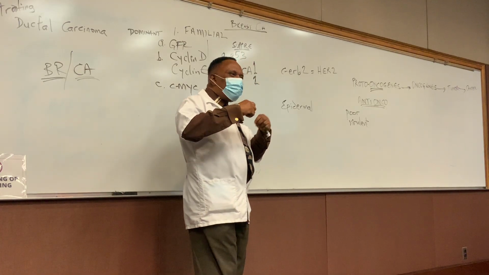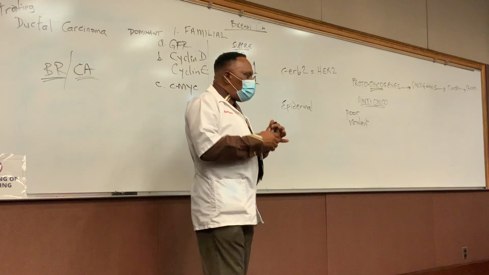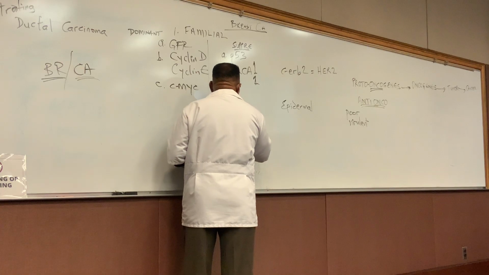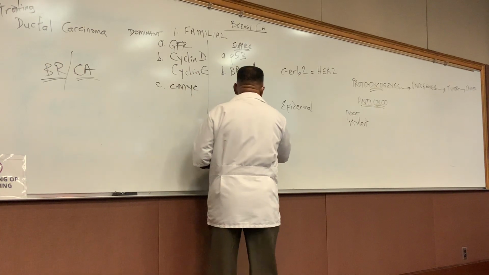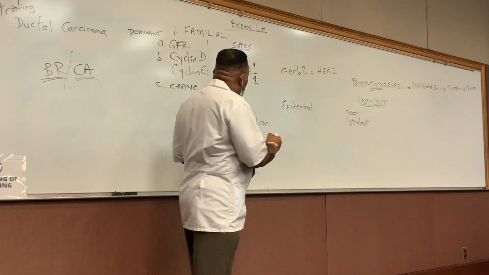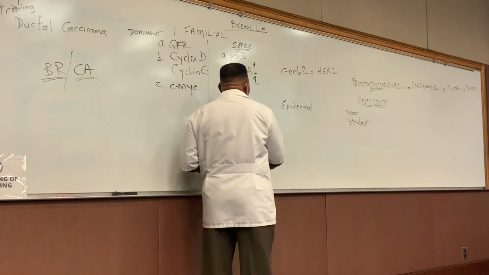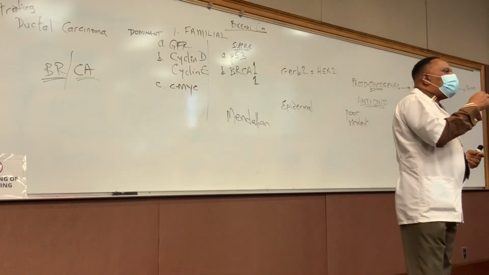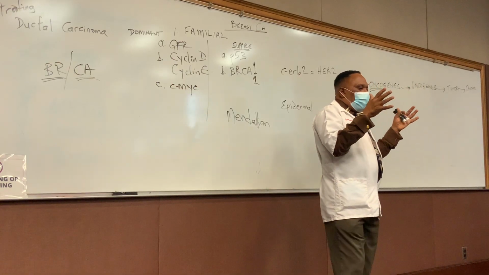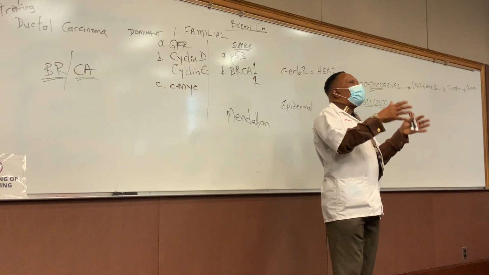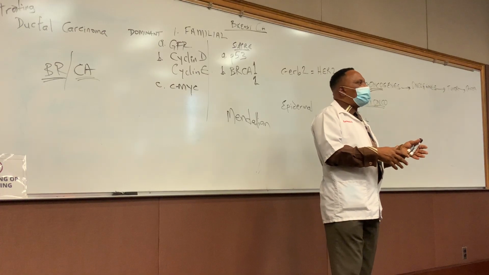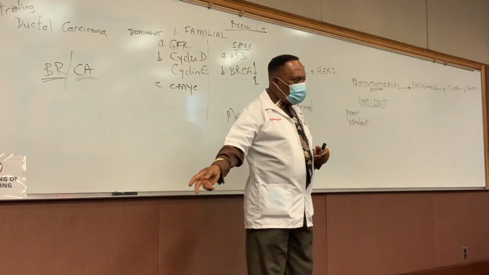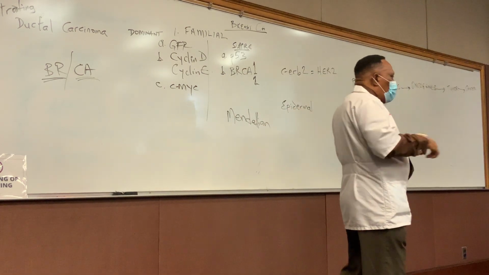And when it is transferred to an offspring, it follows the Mendelian system of transfer. So that basically means that if you had 4 children, 2 of them will come down with that breast cancer, one would be a carrier and the other one would not even be affected. That's the Mendelian transfer format.